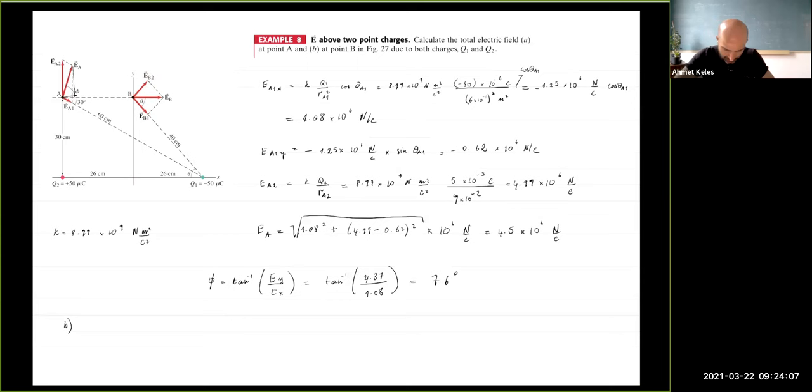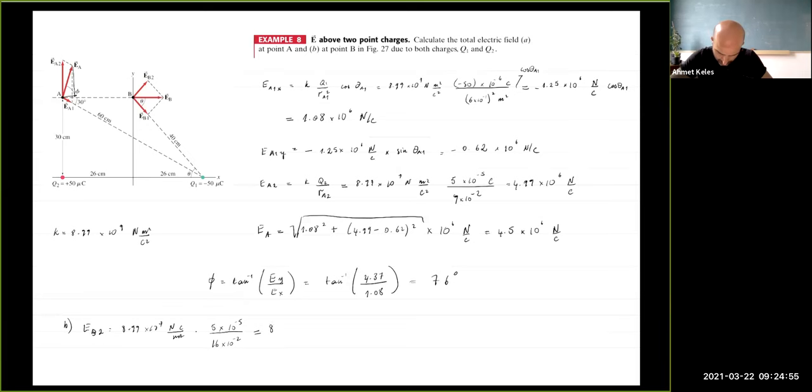I just need to calculate E of B2, which is equal to 8.99 times 10 to the 9 Newton meter squared per Coulomb squared, times 5.5 times 10 to the minus 5 divided by 16 times 10 to the minus 2, which is equal to what?